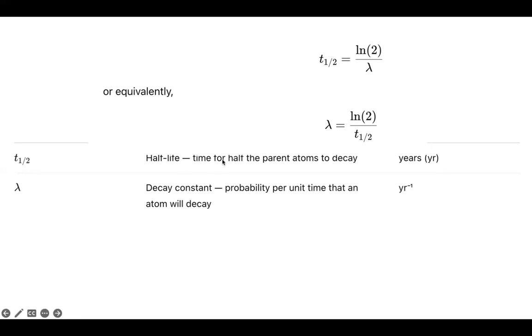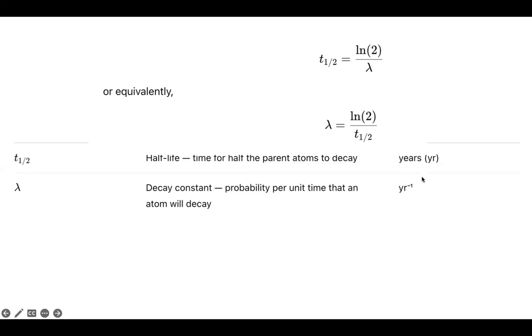Have you discovered it? We didn't discuss this. Actually, half life is what? The time for half the parent atoms to decay, right? That means how much you had initially, and when it becomes half, the time taken for that phenomenon is the half life, right? So that is in years.